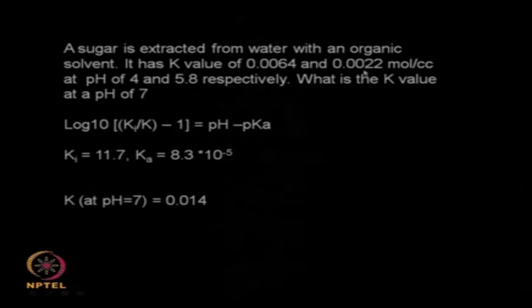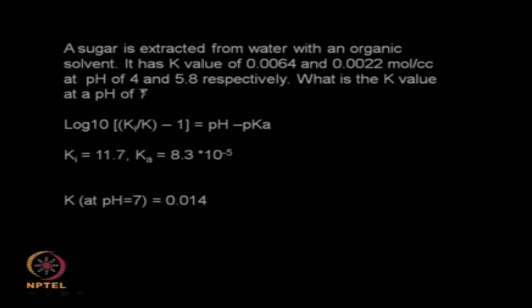It has got a K value of 0.0022 moles per cc at a pH value of 5.8. You see the K values change, K values are changed because of the pH effect, because of the dissociation of the weak acid. Now I would like to calculate the K value at a pH of 7.